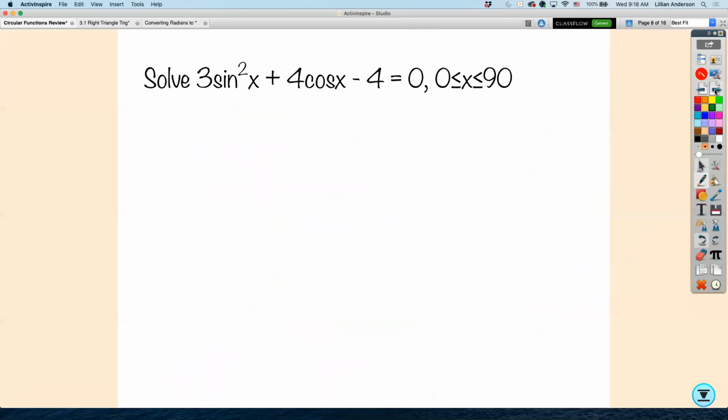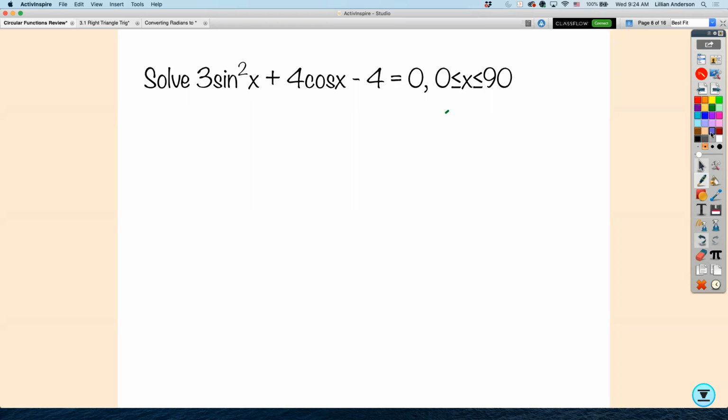You guys try this one on your own. Be cautious of which trig ratio you should try to work with, and your domain as well. How do we start? Use a trig identity.